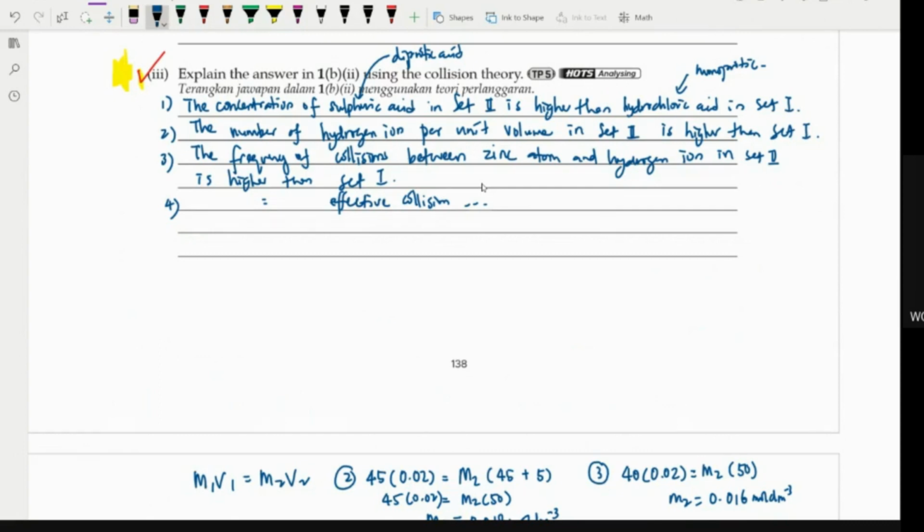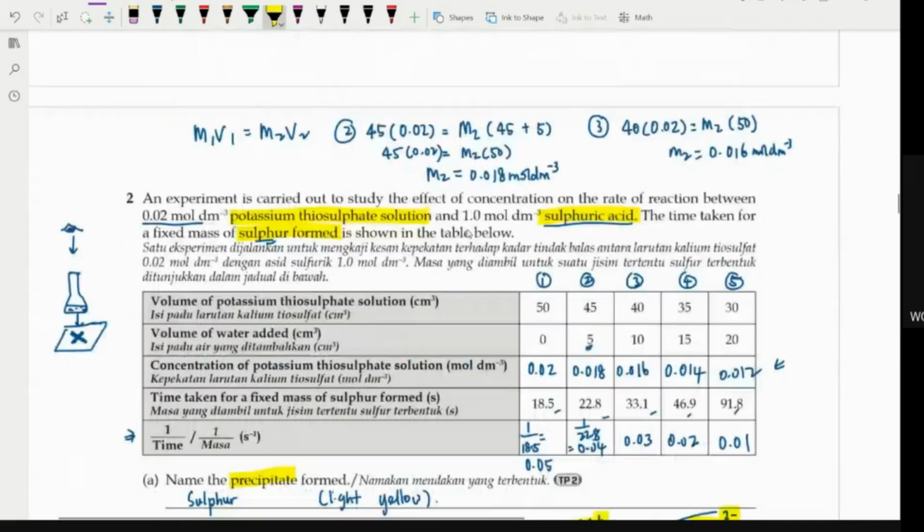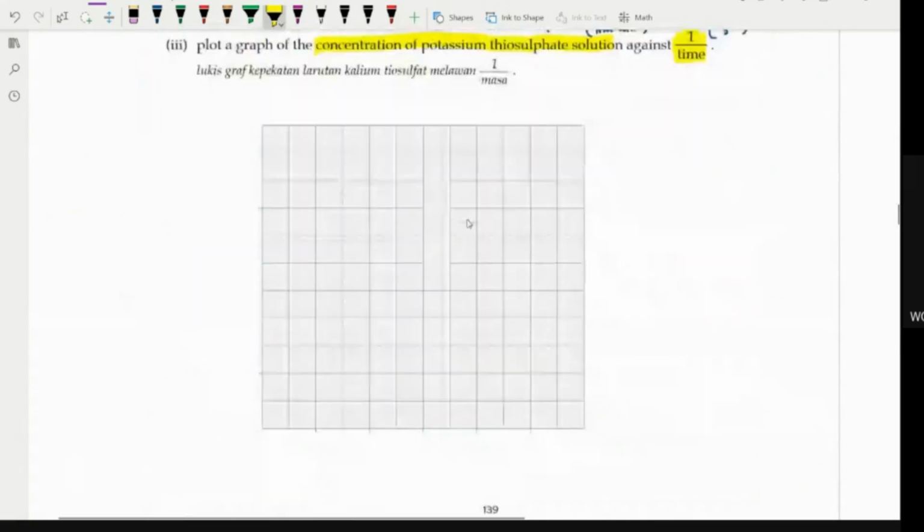The remaining are the same, so I just write effective collisions for point number 4. Point number 3 is the frequency of collisions. Class, have you written all the points correctly? Any question you want to ask? No question? Okay, now next one.